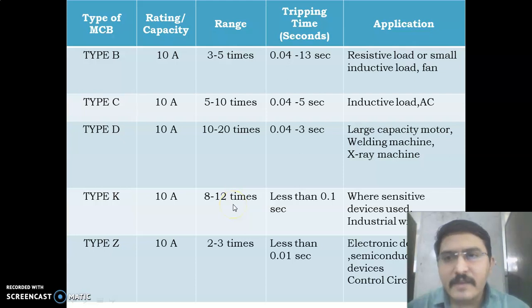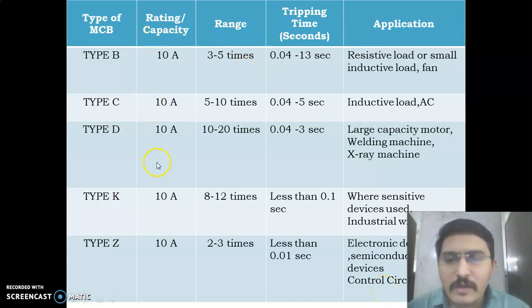Then we'll see the type Z MCB having a 10 ampere capacity and a range from 2 to 3 times its rated capacity. The tripping time is less than 0.01 second. The application of type Z circuit breaker is for electronic switch devices, semiconducting devices and control circuits.